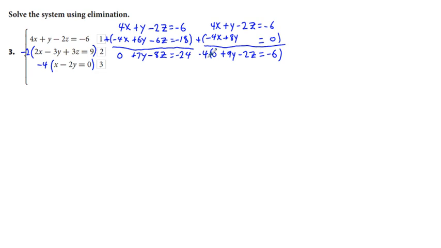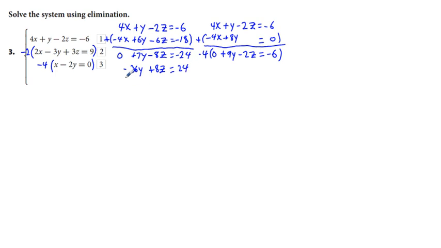Okay, so negative 4 times 9y is going to be negative 36y. And negative 4 times 2z is going to be plus 8z. And then negative 4 times negative 6 is going to be 24.